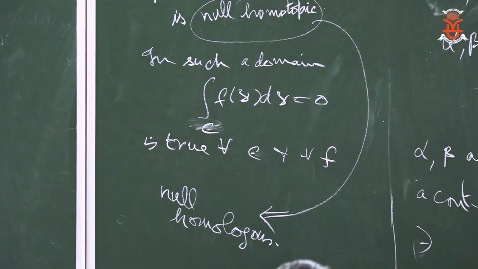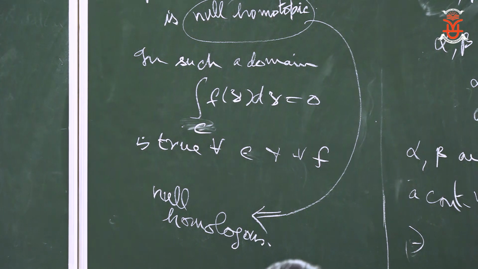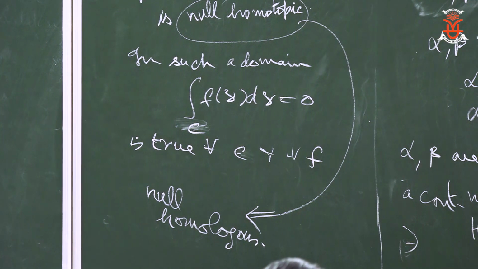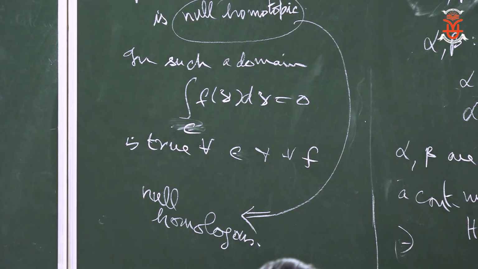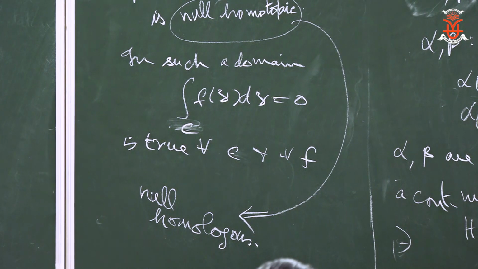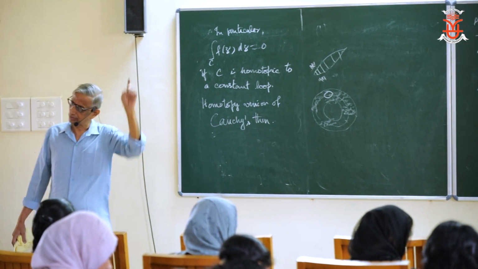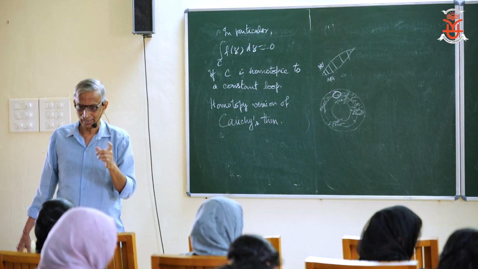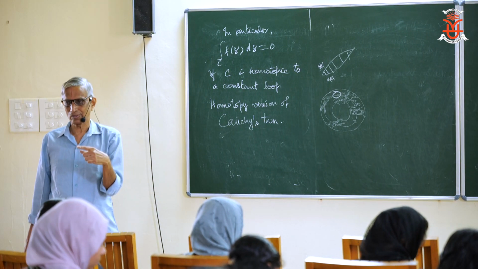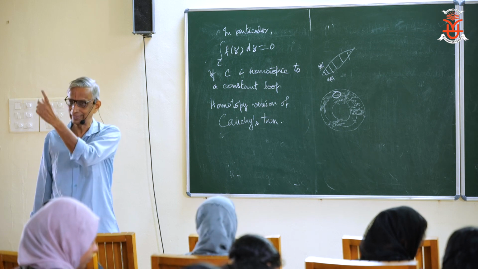So the homology version of Cauchy's theorem is stronger than the homotopy version of Cauchy's theorem. That homology version says if C is homologous to 0, then the integral is 0.